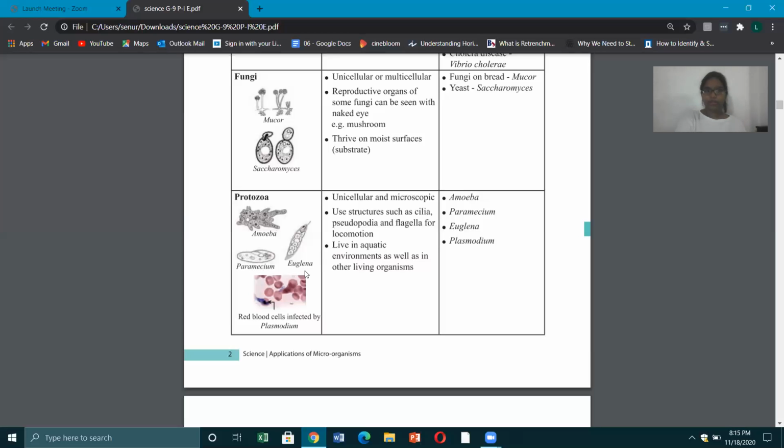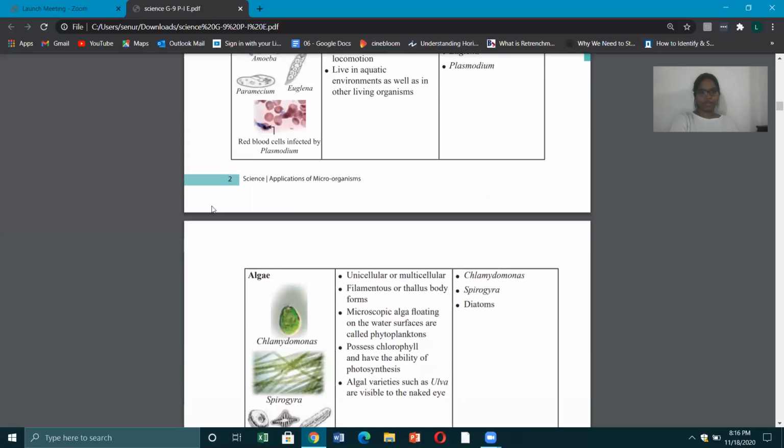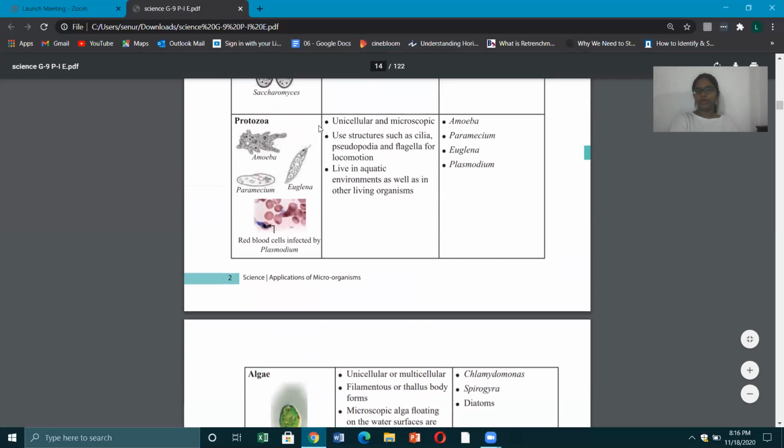And euglena uses the structure flagella. You can see it in this diagram as well. When you closely observe, you'll be able to see it. Now this is a picture where our red blood cells are infected by plasmodium, which is also a protozoa.